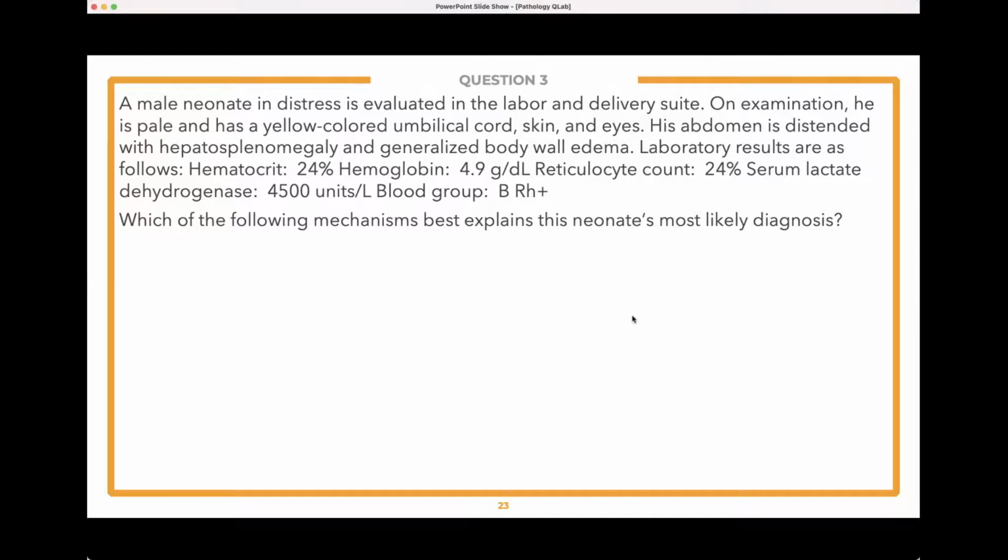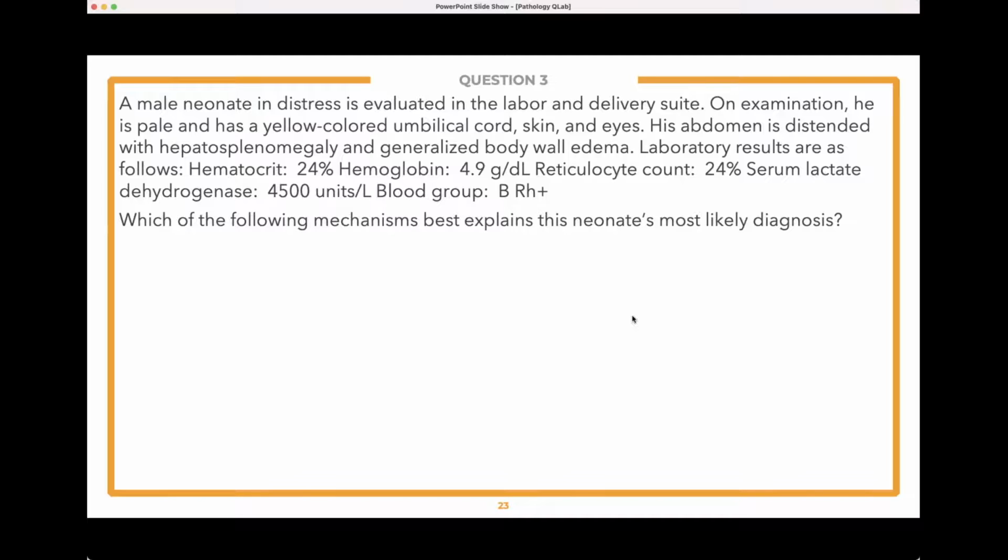Again, those answer choices are covered up, and we're going to start with the lead-in. Which of the following mechanisms best explains this neonate's most likely diagnosis? Okay, think about what kind of patient this is, what type of information you're going to be looking for as we read the vignette. A male neonate in distress is evaluated in the labor and delivery suite.